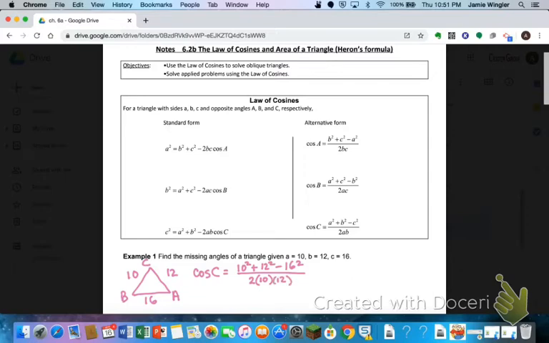Again, you guys should know how to plug this into your calculator all at once. I'll write it out one more time. You know you have to do inverse cosine because it's an angle, and a parenthesis will automatically open up on most of your calculators.